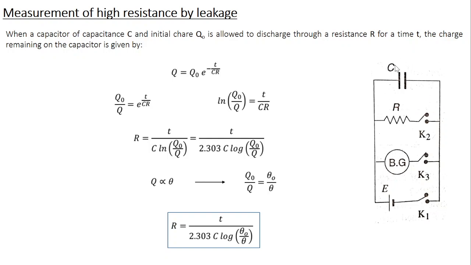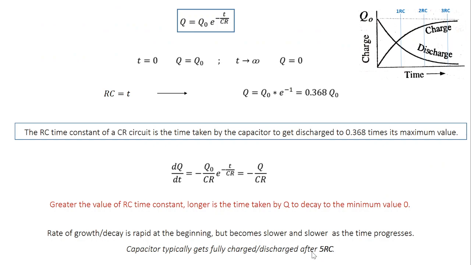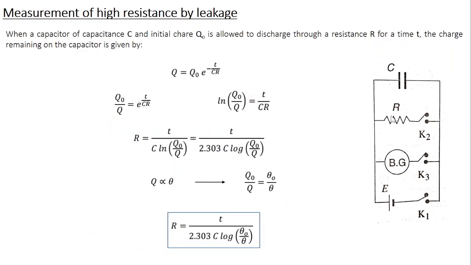Suppose a capacitance is 1 millifarad and resistance is really small, like 1 ohm. So what is the RC time constant? 1 millifarad into 1 ohm. This is 1 millisecond. And we have seen that typically a capacitor takes around 5 RC to get completely discharged. So in 5 milliseconds, the capacitor gets completely discharged.